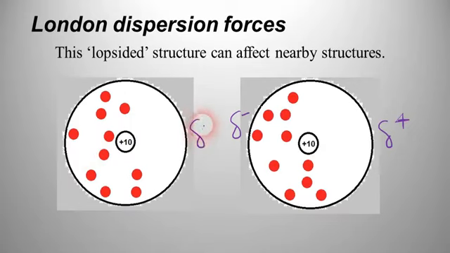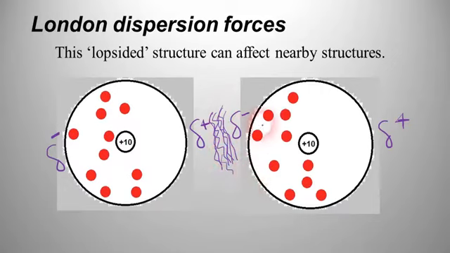And so we're going to have a partial positive over here and a partial negative on the neighboring atom. And since we have a partial positive here and a partial negative on that atom, we actually have a little attraction between those two atoms now. And it's not a very strong attraction, but that's what a London dispersion force is.